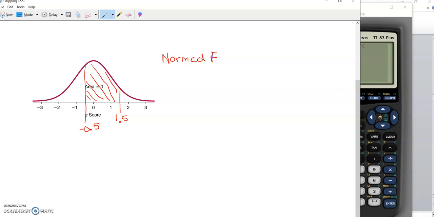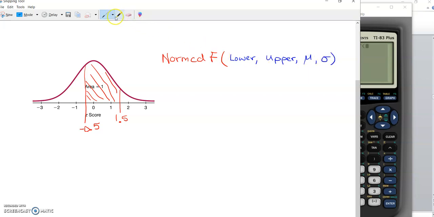The inputs here are going to be your lower bound, your upper bound, your mean, and your standard deviation.